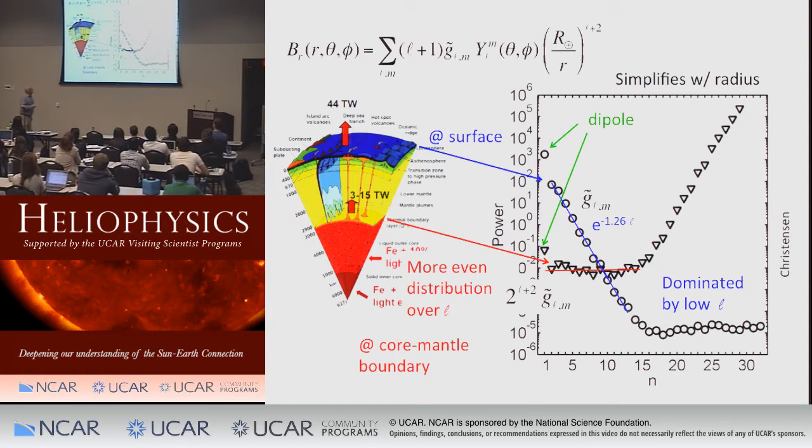It doesn't. However, this red line here is actually the spherical harmonics as I measured them at the core mantle boundary, where the currents are, where the magnetic field is being generated. We don't live there. We live up here. So I need to take my expansion, which falls off as 1 over r to the L plus 2, and evaluate it here.